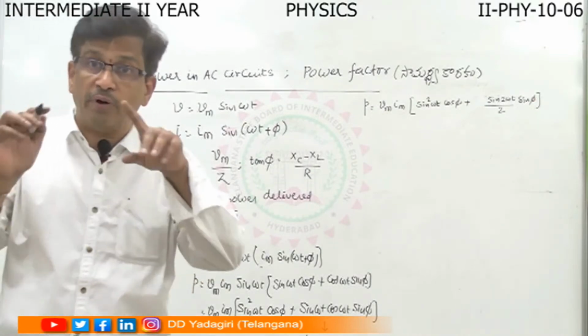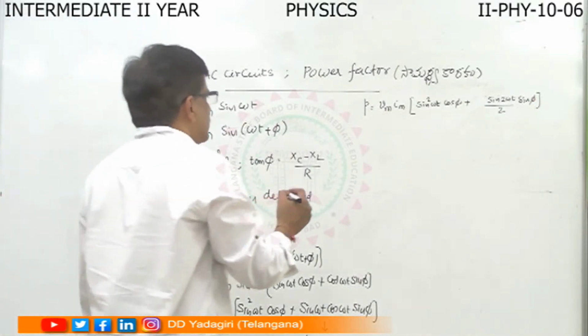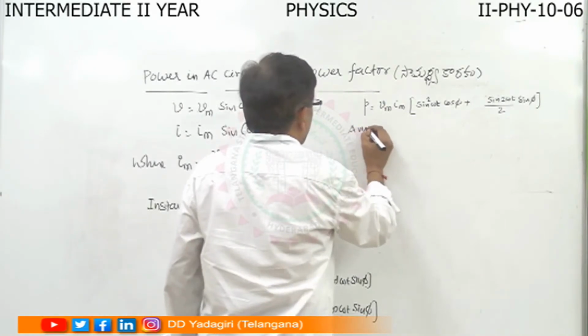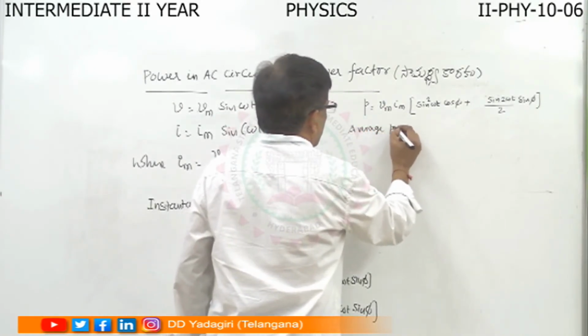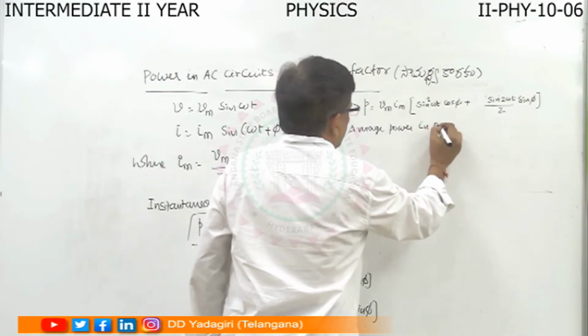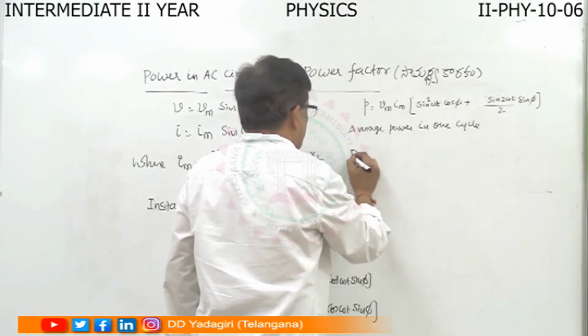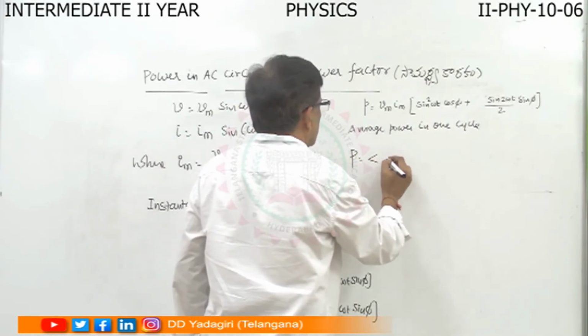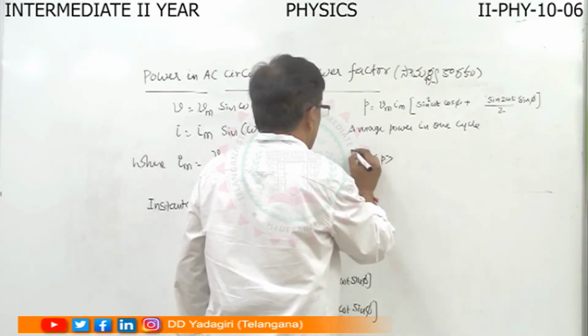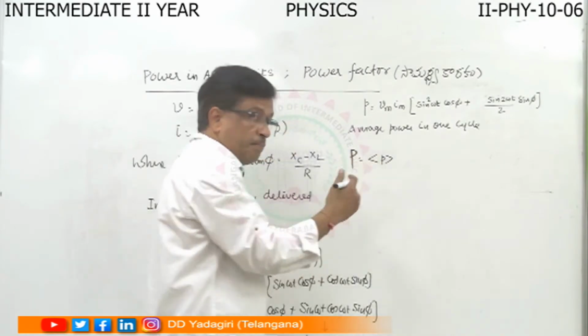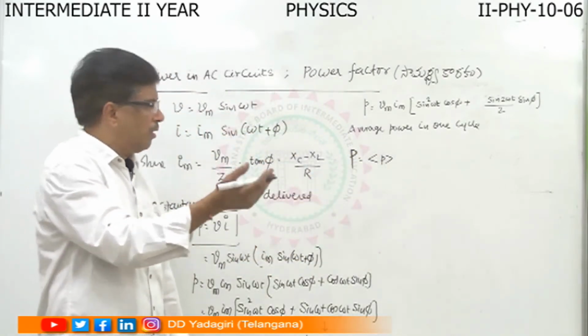So what is the average power in one cycle? The average power in one cycle can be written as capital P, or P bar, or like this.